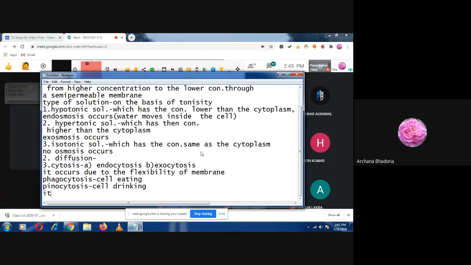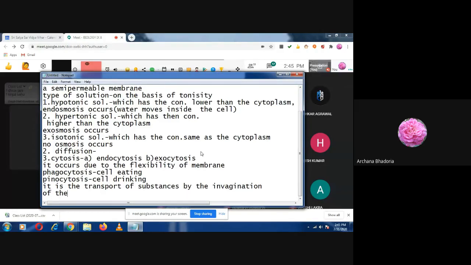It is the transport of substances by the invagination of the cell membrane.